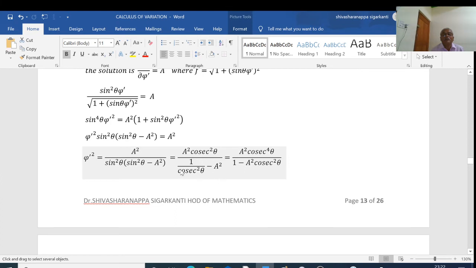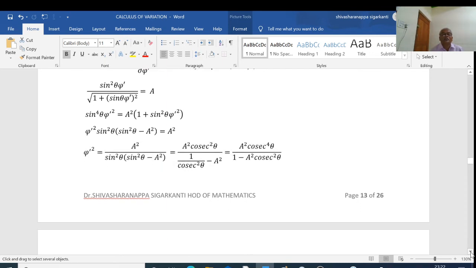In the denominator, taking cosecant square theta LCM, I am getting 1 minus a square cosecant square theta divided by cosecant square theta. That divided by cosecant square we write in the numerator. This becomes cosecant 4. That is, numerator becomes a square into cosecant 4 theta. Denominator is 1 minus a square into cosecant square theta. This is our phi dash square.